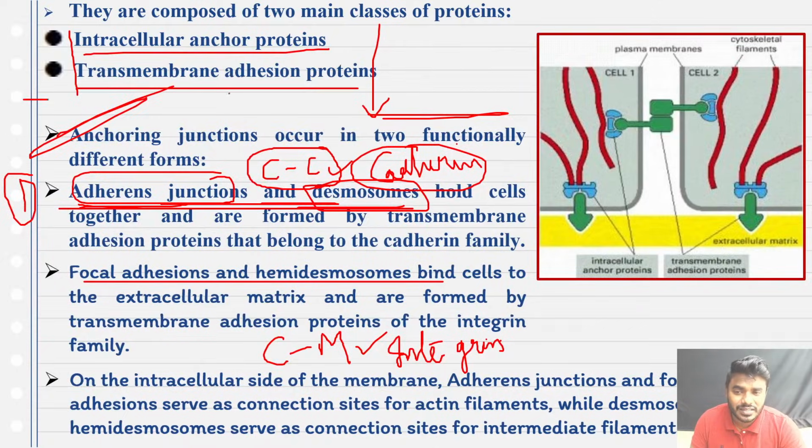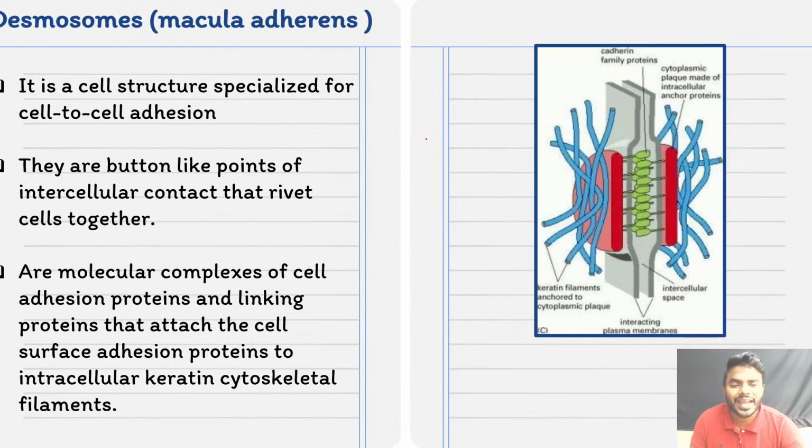Adherens junction and desmosome both use cadherins as the transmembrane adhesion proteins. Now do not confuse at all. So the desmosome connects keratin filaments of one cell to those of another cell with the help of a transmembrane protein, that is the cadherin.